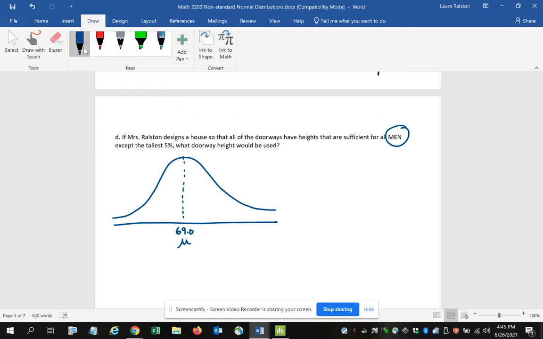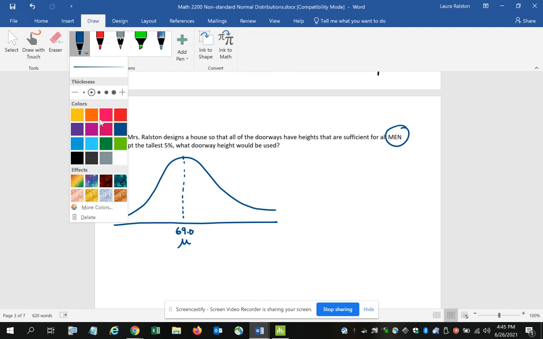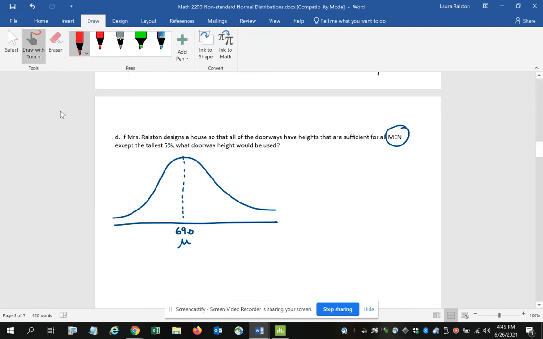And we want to redesign the door so that it will fit all the men except the tallest 5%. Now you got to think about this. This question gives you a percentage. It's not asking you to find a percentage.